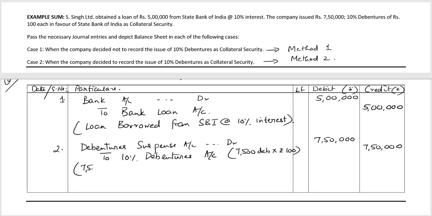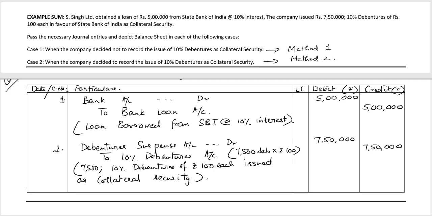Narration: 7,500, 10% debentures of rupees 100 each, issued as collateral security. These are the two journal entries that need to be passed in the second method. Let's move on to the balance sheet.